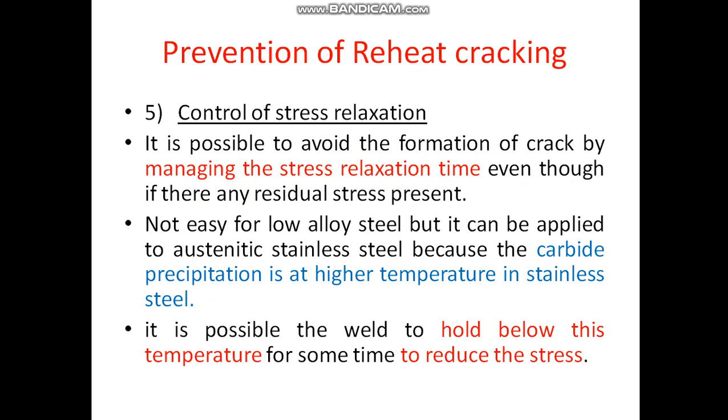Next is control of the stress relaxation, because we also found that carbide precipitation has to do with the temperature. So it is possible to avoid the formation of cracks by managing the stress relaxation time, if any residual stresses are present. This practice is difficult for low alloy steel, but with austenitic stainless steel it can be applicable because the carbide precipitation is taking place at high temperature.